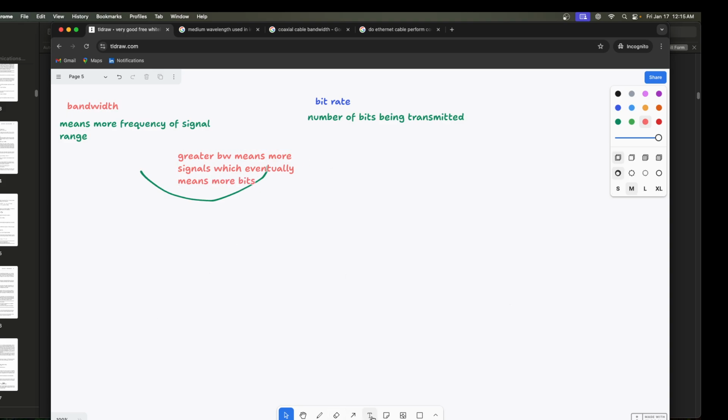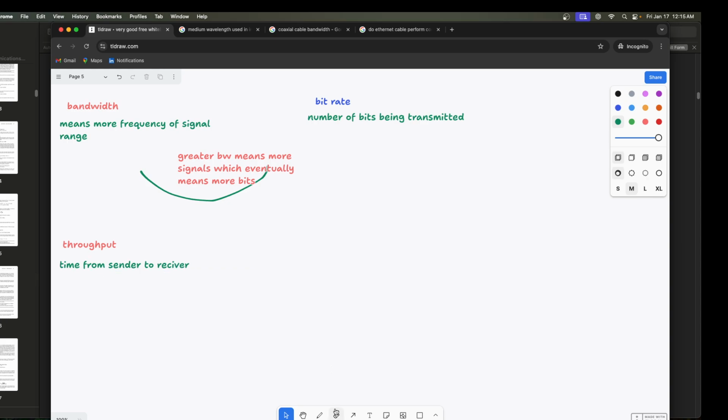Now then we have throughput. Throughput is one-side time from sender to receiver.